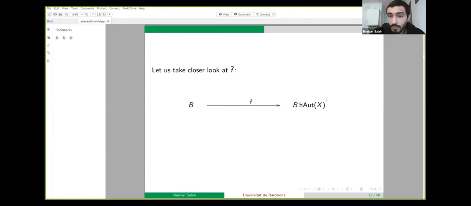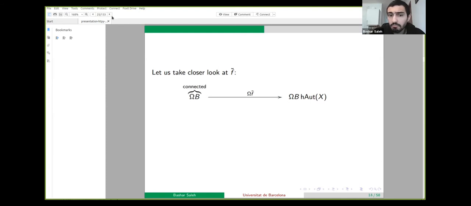So we have such a map. Let's take the loops on it. B was simply connected, so the loop space is connected. So we have a connected space going to something that is weakly equivalent to the monoid of homotopy automorphisms of X.